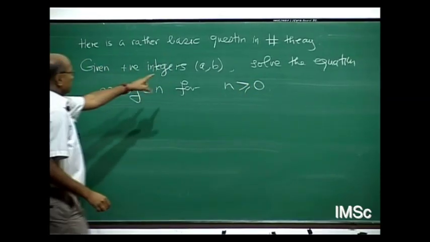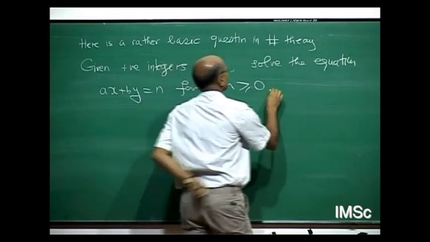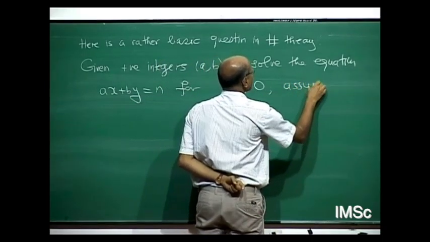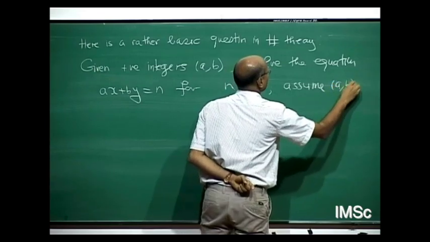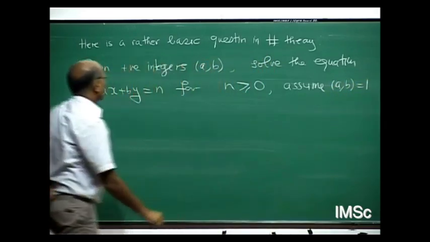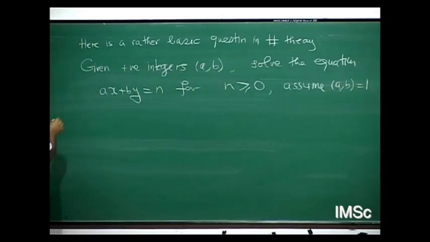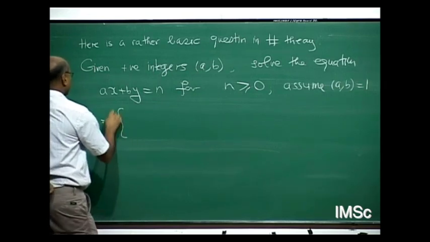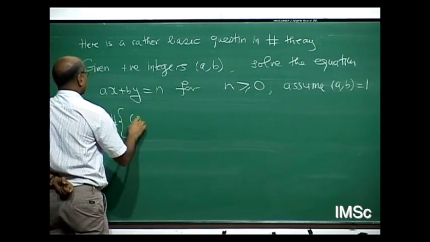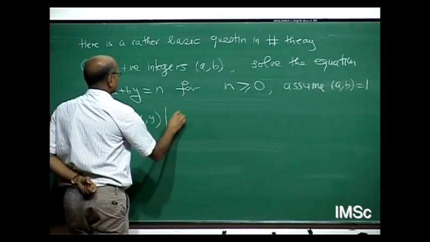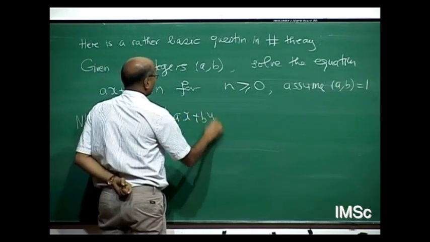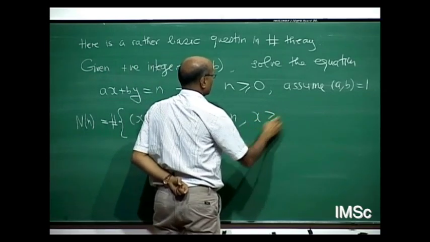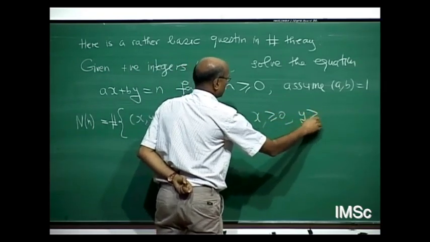Usually it is okay to restrict the generality, so assume that gcd(a, b) is 1. They are coprime. One can define this function N(n) as the cardinality of (x, y) such that ax plus by equals n, and x is greater than or equal to 0 and y is greater than or equal to 0.